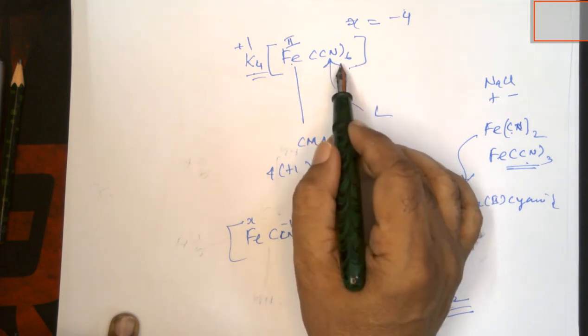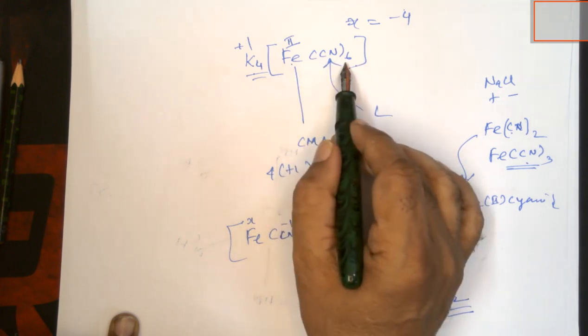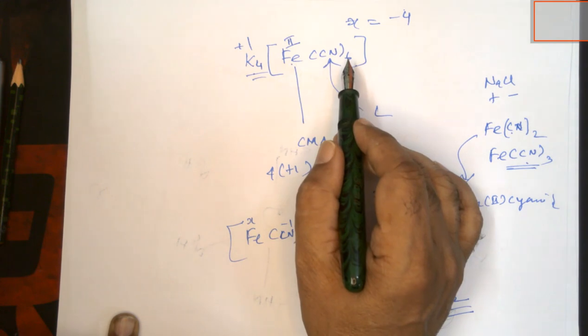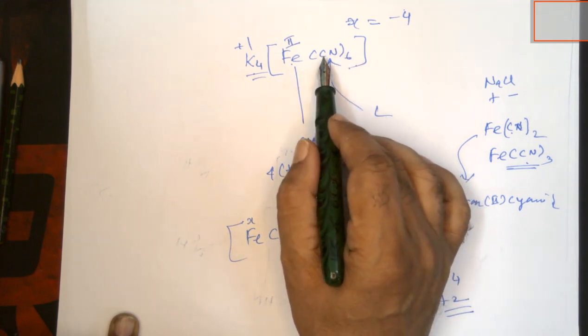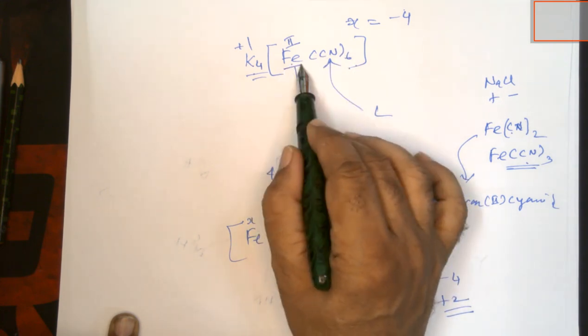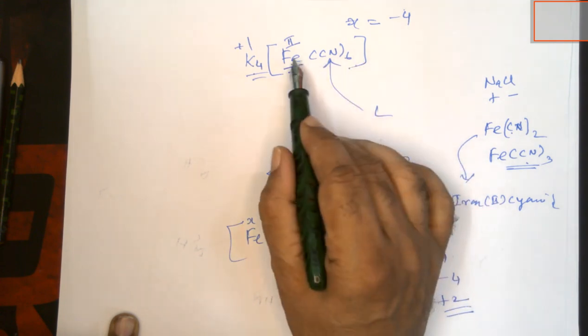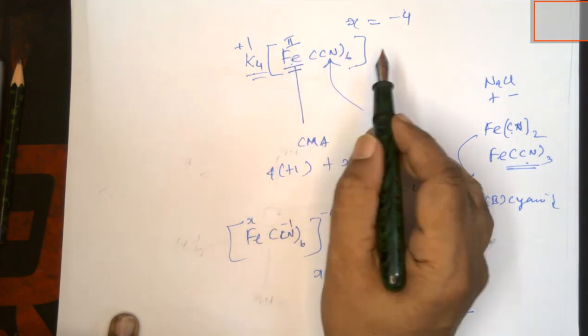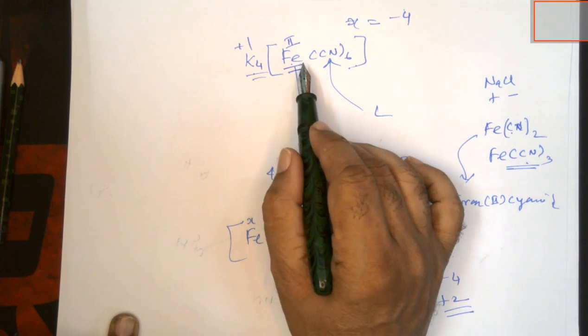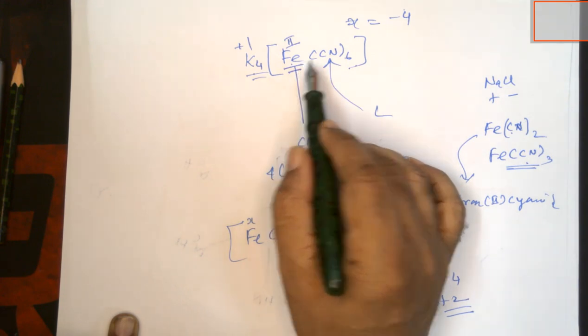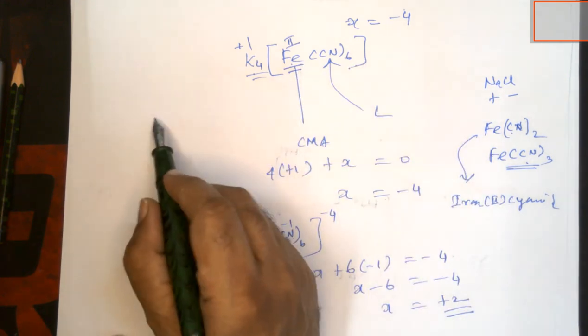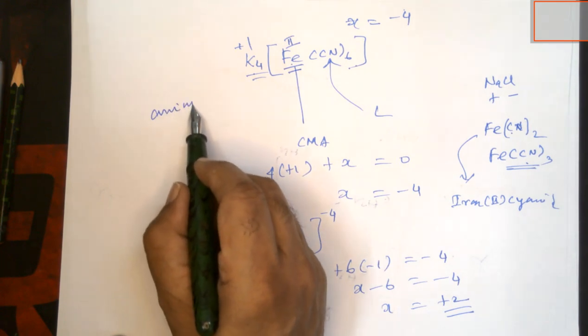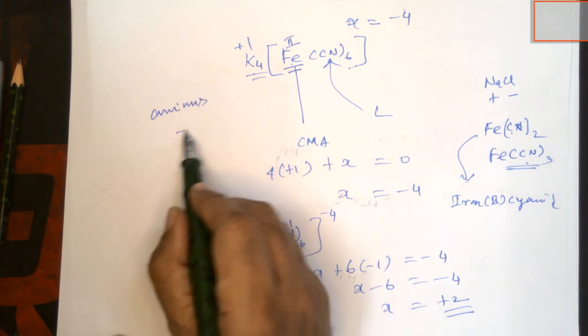So here, how many ligands are there? 6. So 6 means hexacyano, and this iron, is it not? That should be called ferrate with its original name. Because you know very well, all anions should be concluded with the suffix ate.